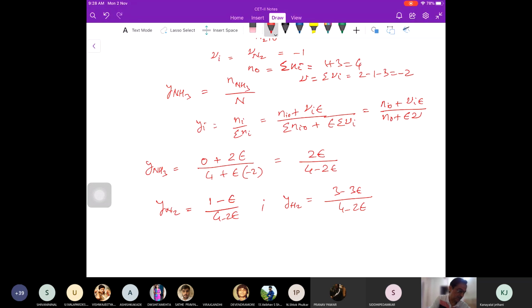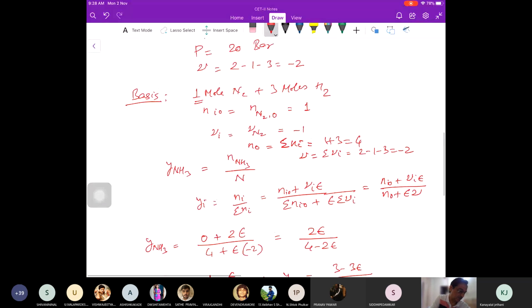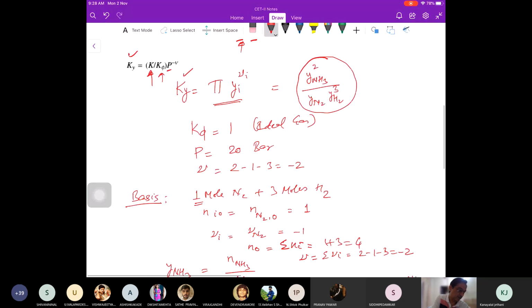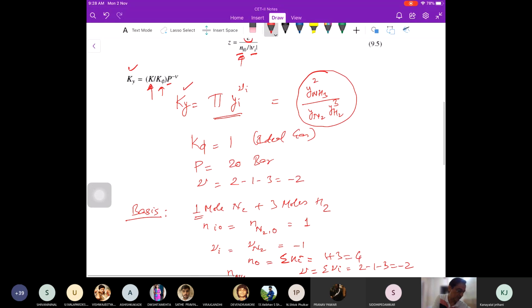So now you can substitute these values in this equation. We know all the values. We can find ky from this equation and then find the value of epsilon. So do that now.